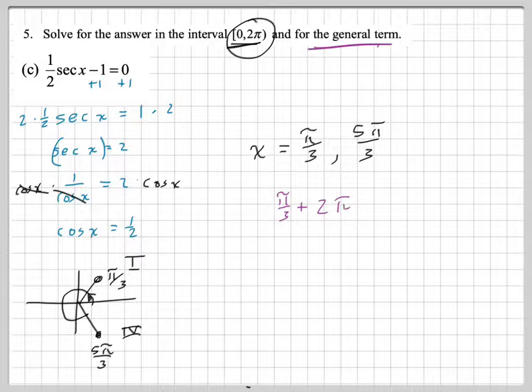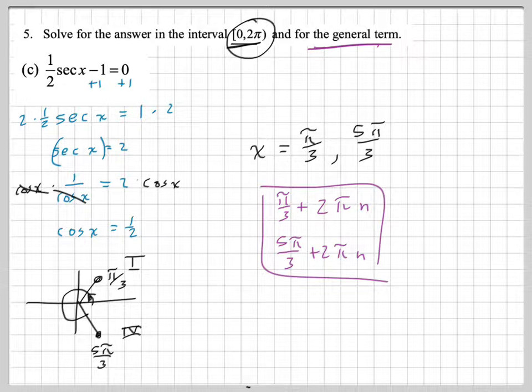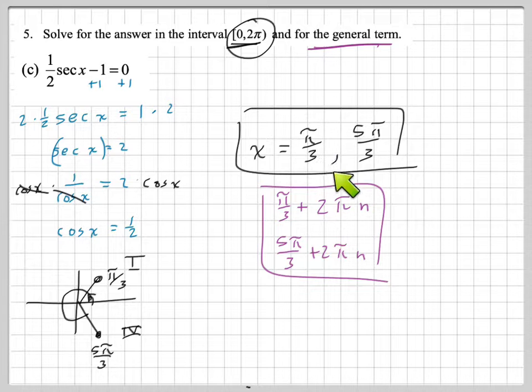I don't know if you guys remember back when you learned how to graph these, if you had something multiplying the x inside the trig function, that's the only thing that would change the period. Since the period is not changed, we just use 2 pi. So pi over 3 plus 2 pi n, and the other one would be 5 pi over 3 plus 2 pi n. So there are your general solutions, and here are the specific answers for that window.